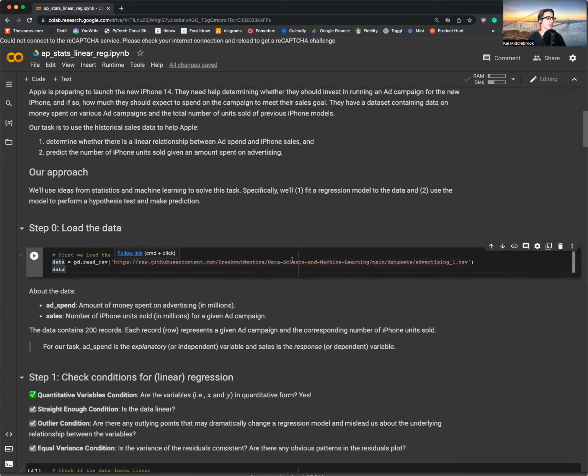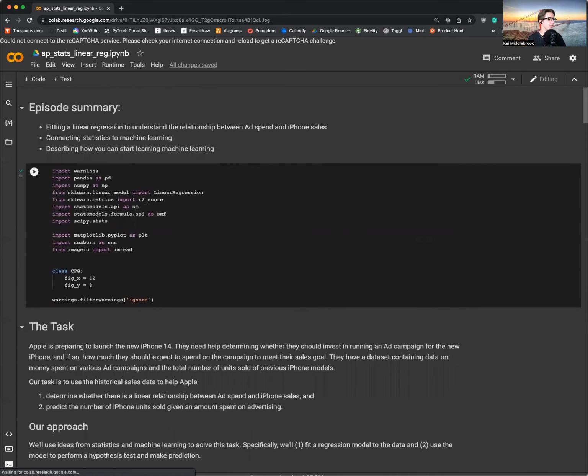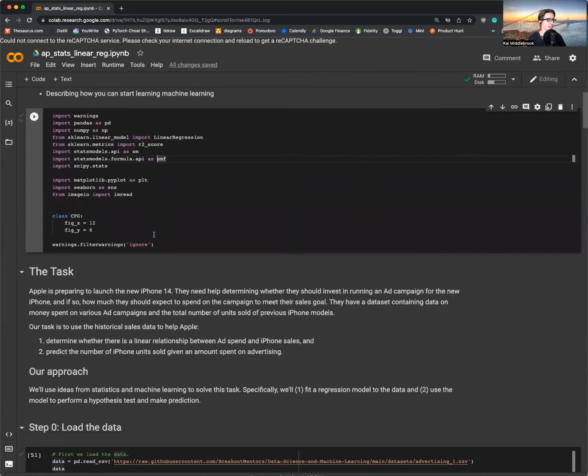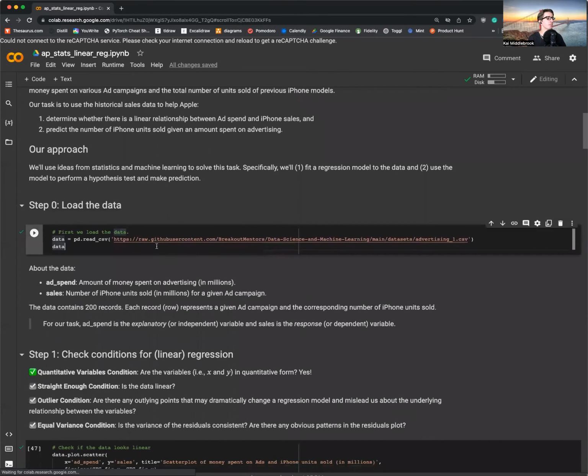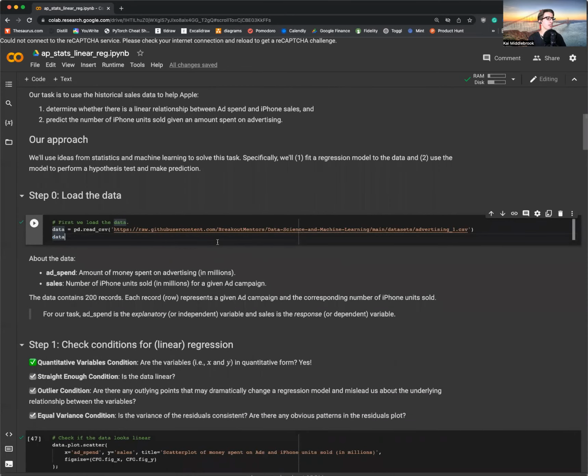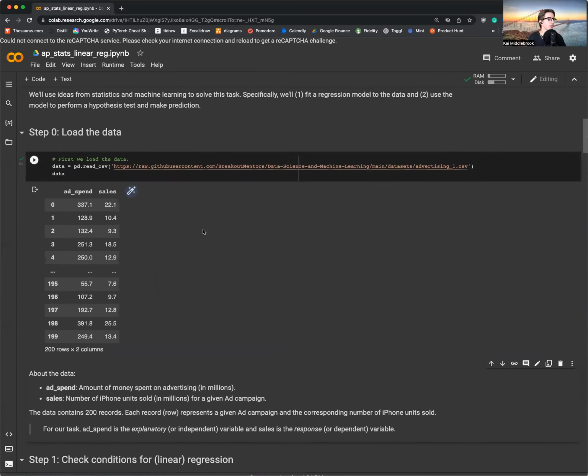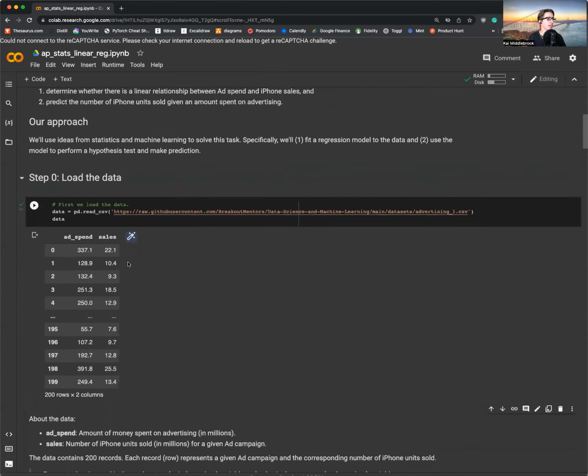So we're going to use Python. This is what I'm using up here, right? We're using Python, importing some libraries and things like that. And the first step in our linear regression analysis is we need to load in our data. So we have the Apple historical sales and ad spend data here, and we load it up, and we can see that there are 200 rows and 2 columns.